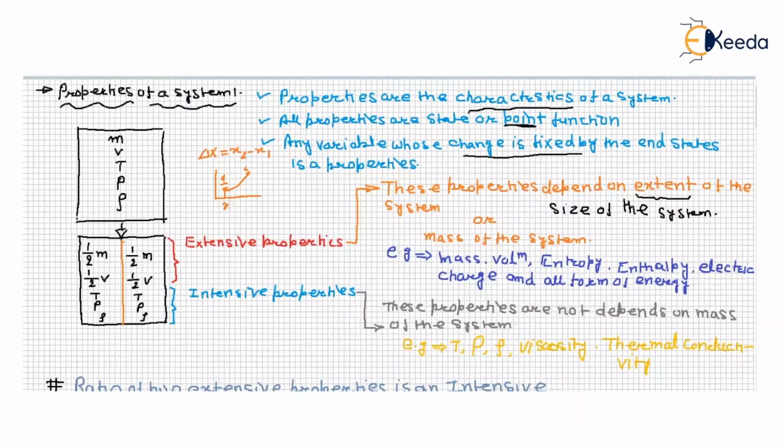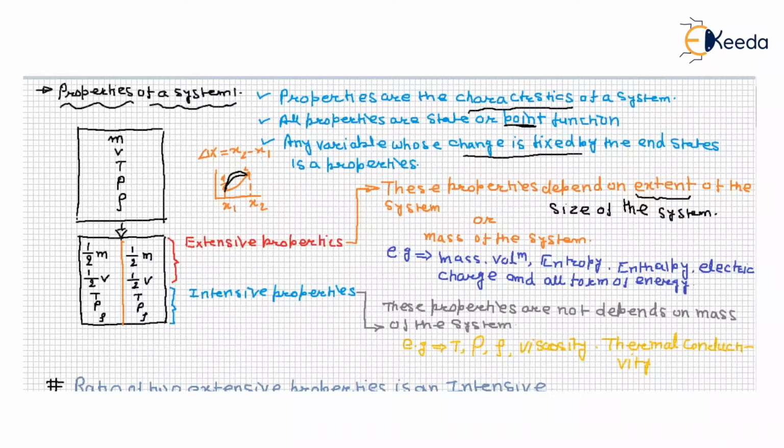Then these properties will be fixed via any path in between 1 and 2. That means if you draw from point 1 to point 2 for any process, the change is fixed through all processes. That change is known as property.